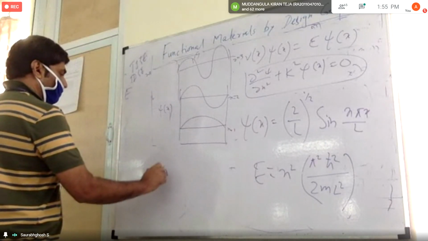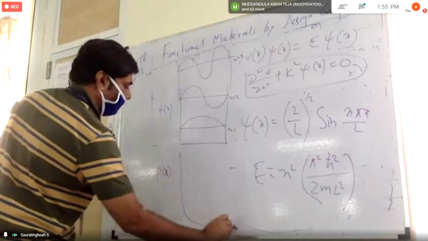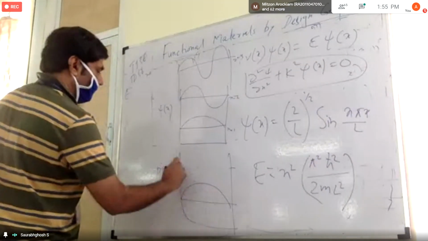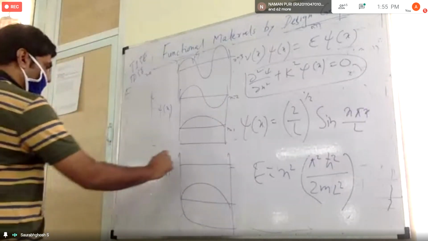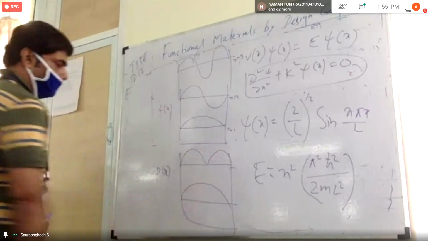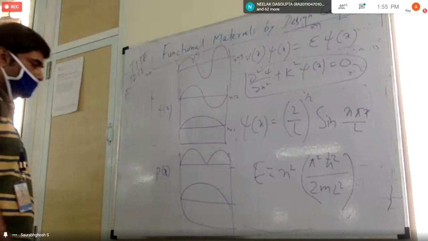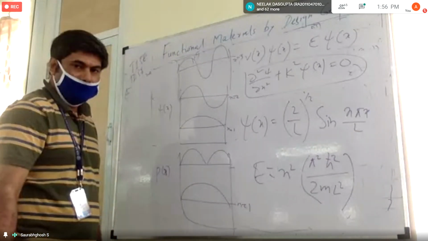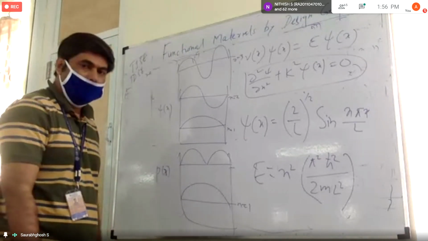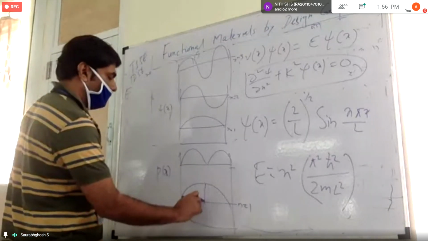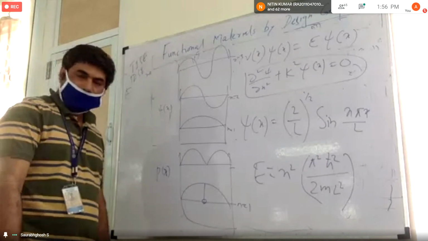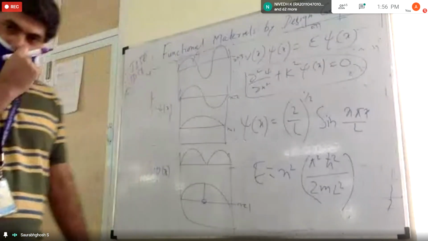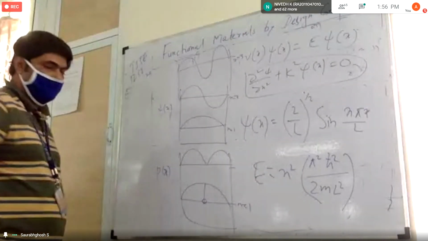You can also plot P of x, the probability distribution, and it will look like this: this is for n is equal to 1 and this is for n is equal to 2. For n is equal to 1, the most probable position to find the particle is at the center of the box.